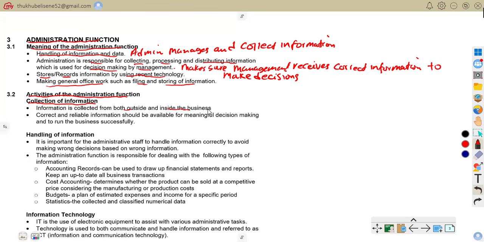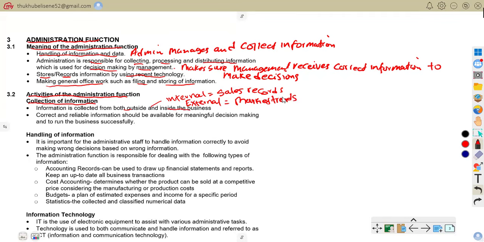Meaning to say, internal equals sales records, while external equals market trends.